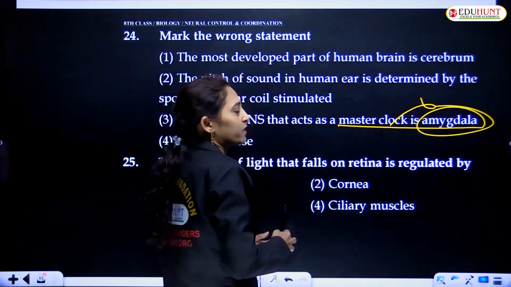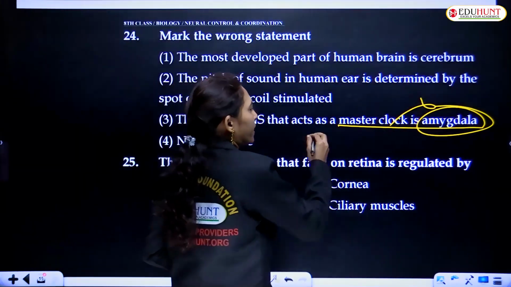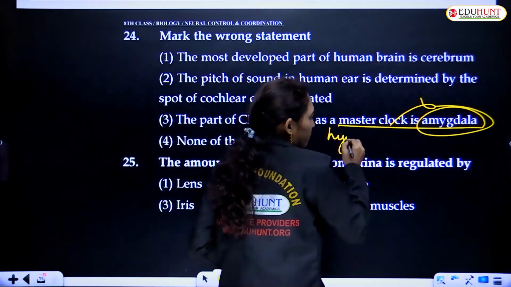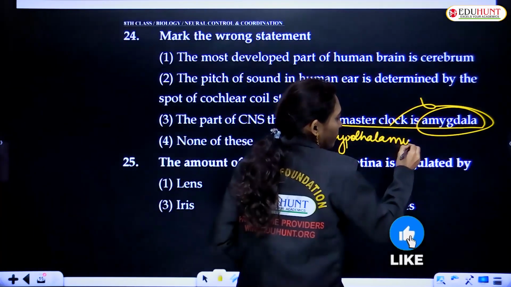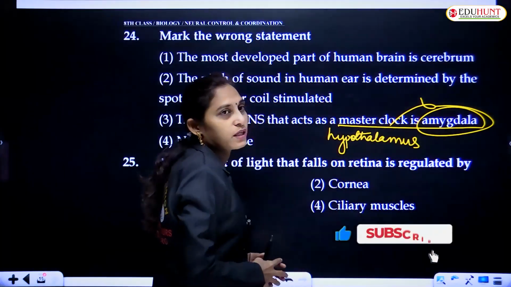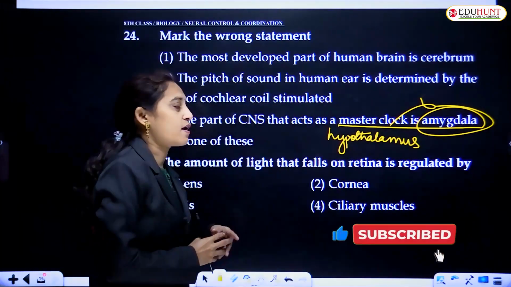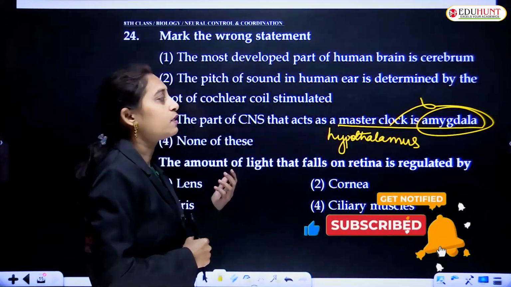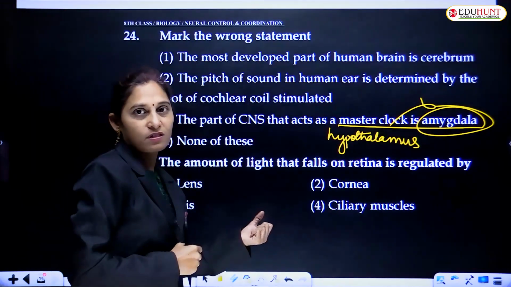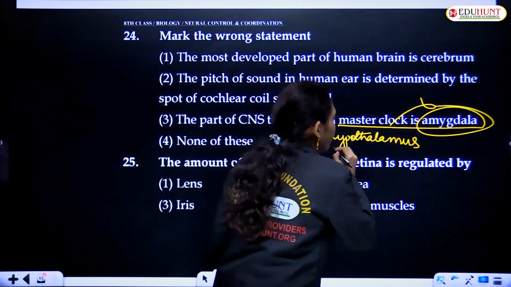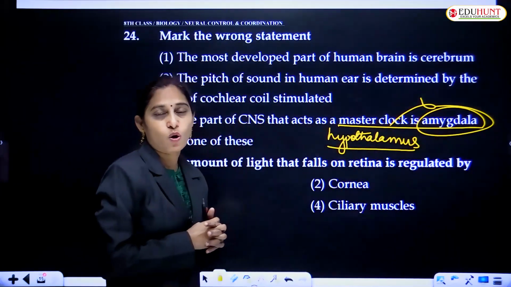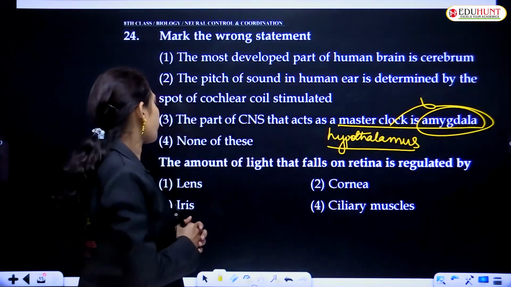The part which acts as the master clock is the hypothalamus, which is a part of the forebrain.